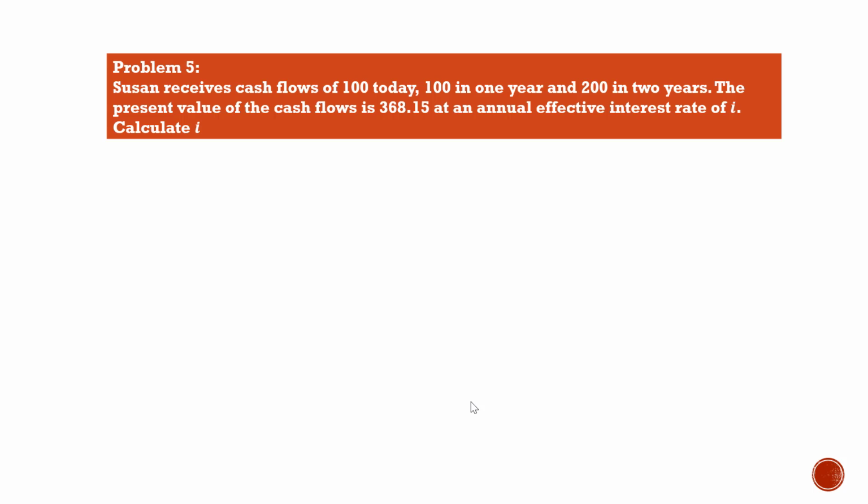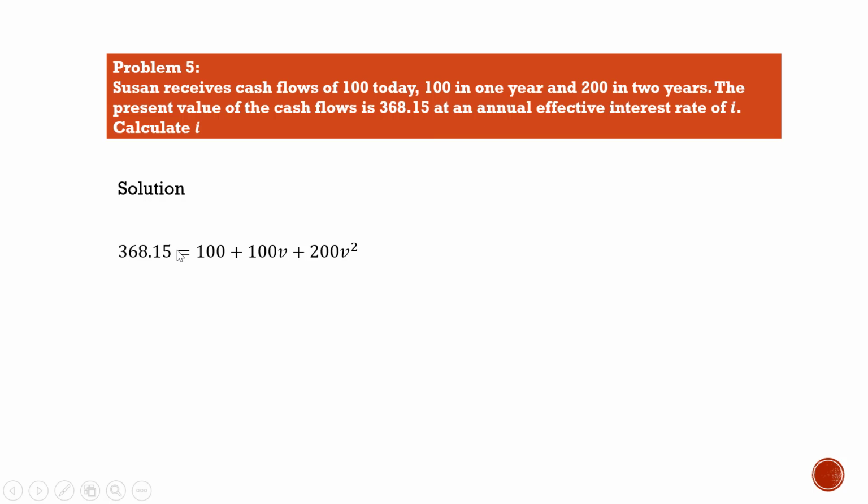The present value of the cash flows is 368.15 at an annual effective interest rate of I. Calculate I. So we have 368.15 as the present value, so we set it on the other side of the equation, or you can set negative 368.15 on the same side. And $100 today, $100 in 1 year, so 100v, and $200 in 2 years, so 200v squared.